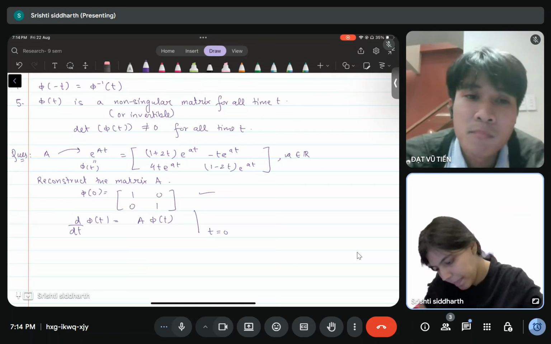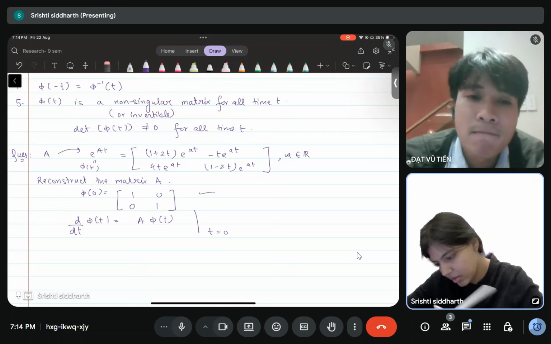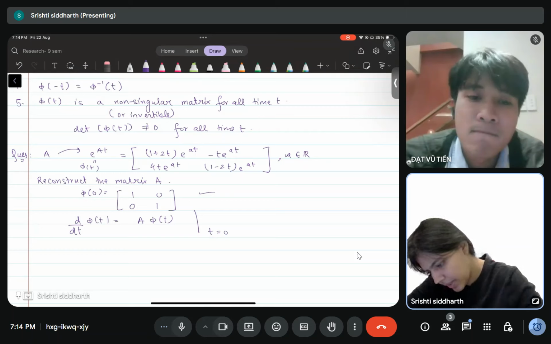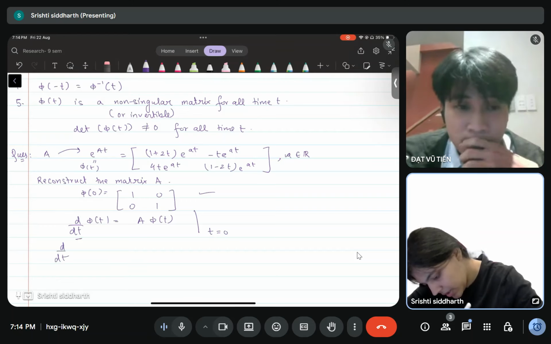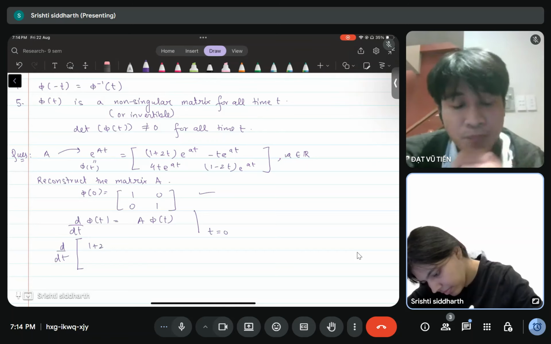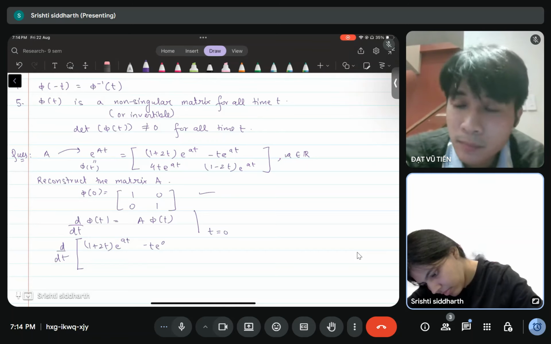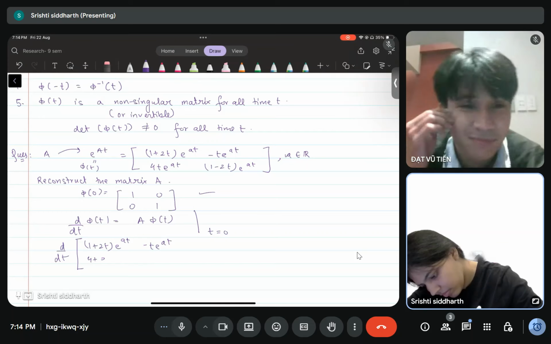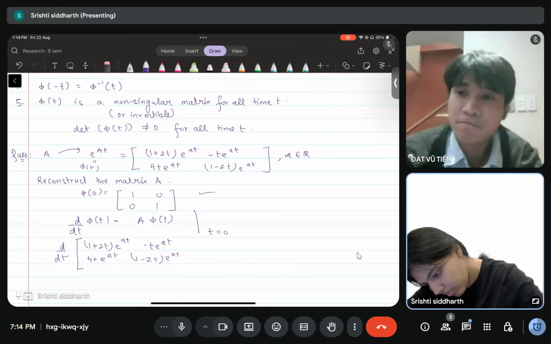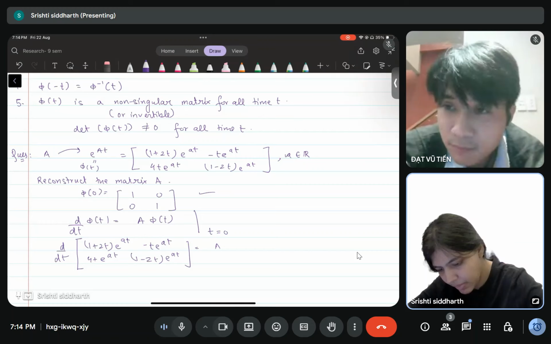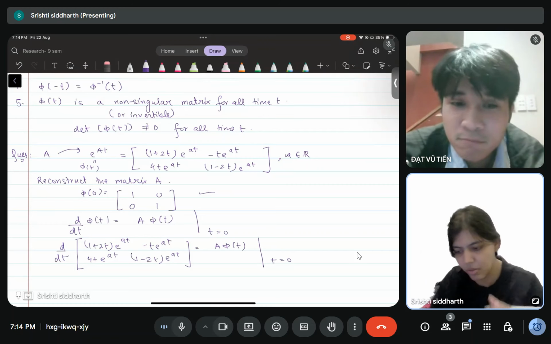So let's substitute this. d by dt of this whole matrix equals A times phi from the previous one, both sides computed at t equals 0.